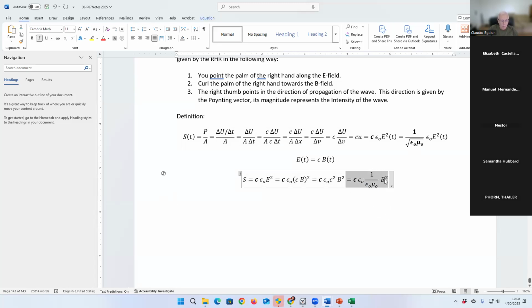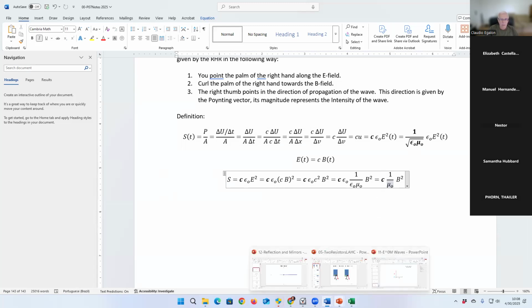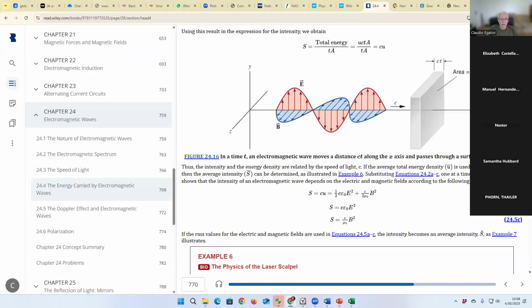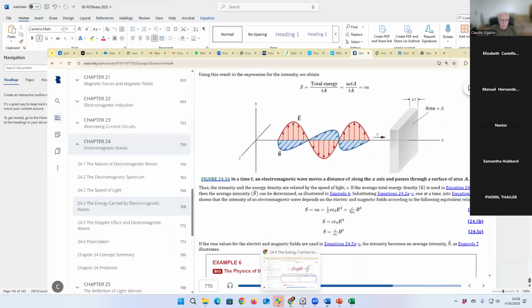We will be able to cancel the epsilon naught in this equation. And we get the B square over mu naught times c, right? I like this format.